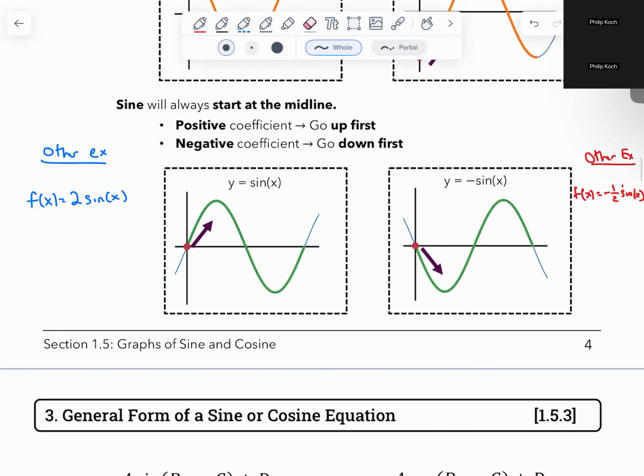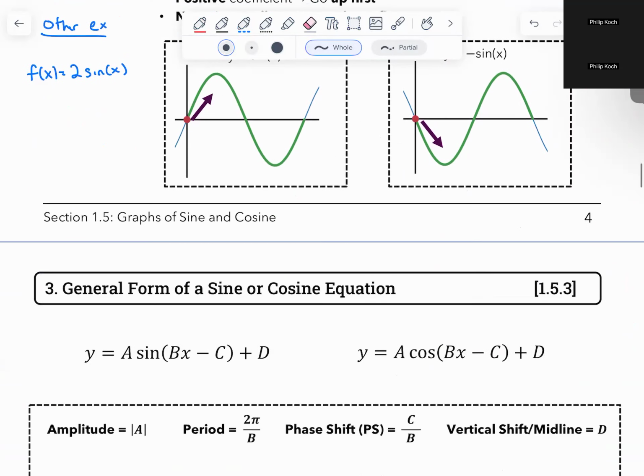So then we get to what we call sinusoidal functions, or the general form of a sine or cosine function. I'll put this up top here, sometimes called sinusoidal functions.